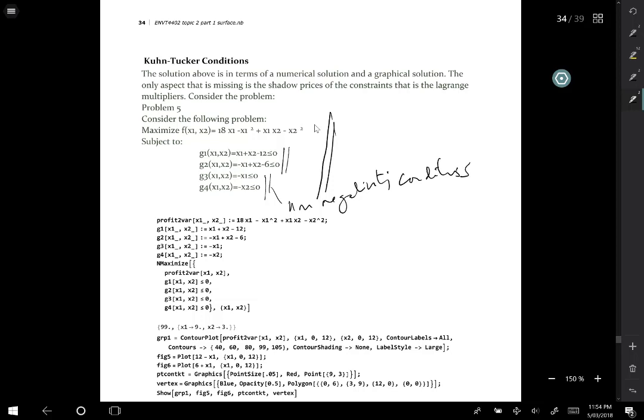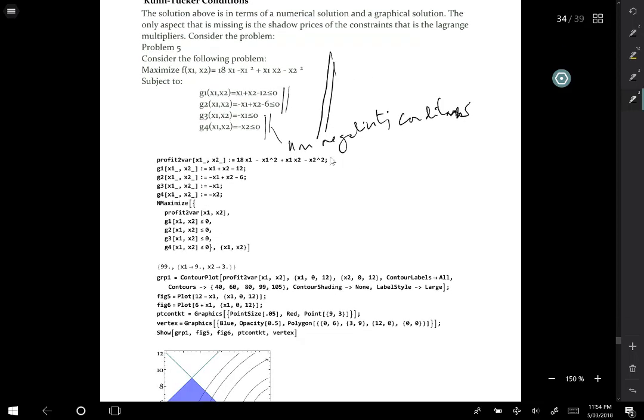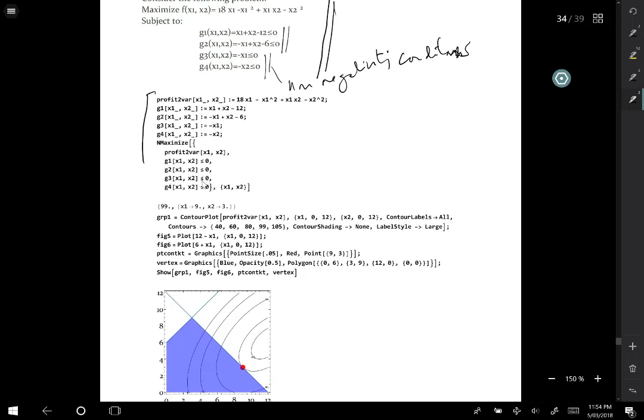So they just require that x1 and x2 are either 0 or positive. So we then have the Mathematica version of this, and in fact this is the old function profit 2 var, so we just use that.